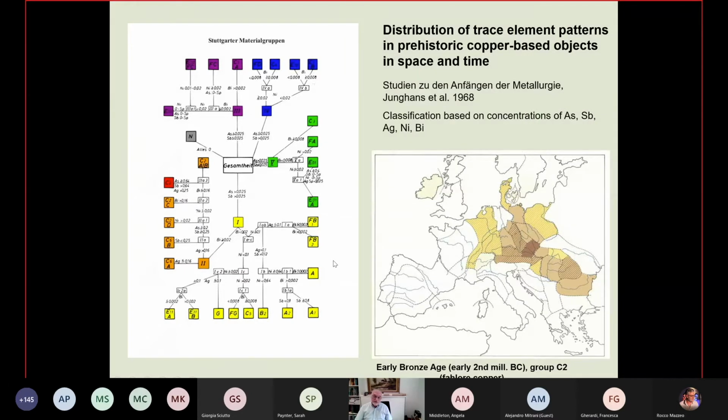And if you look at the distribution of these different copper types in space and time, you find that they are not irregularly distributed. For instance, you have one copper type that we call so-called Falhor copper, with very high concentrations of arsenic and antimony and silver, which is mainly distributed in Central Europe, up into southern Scandinavia and into the Carpathian Basin.